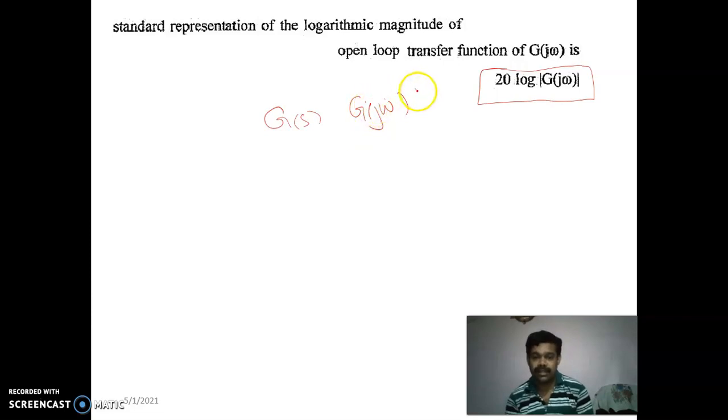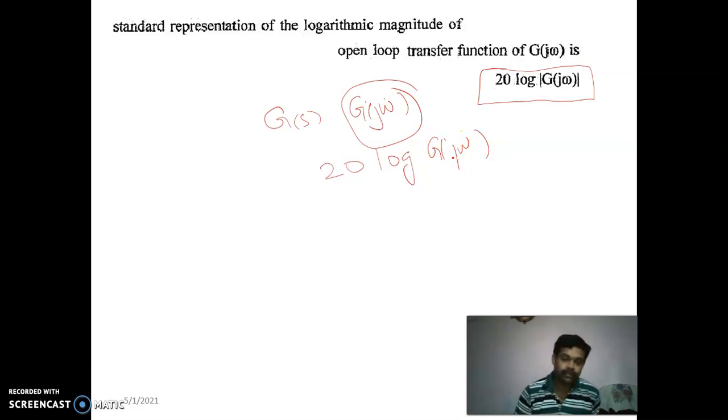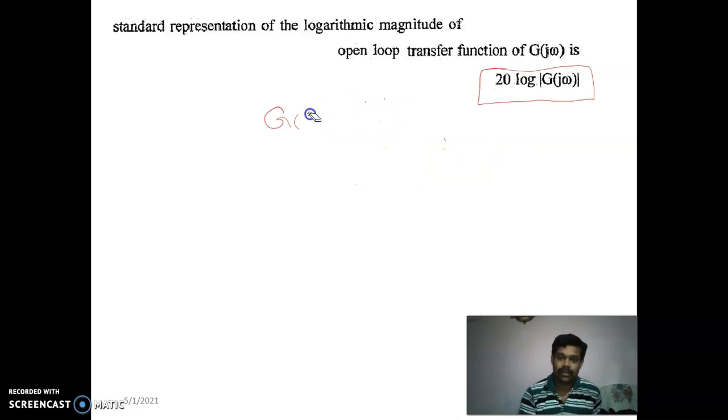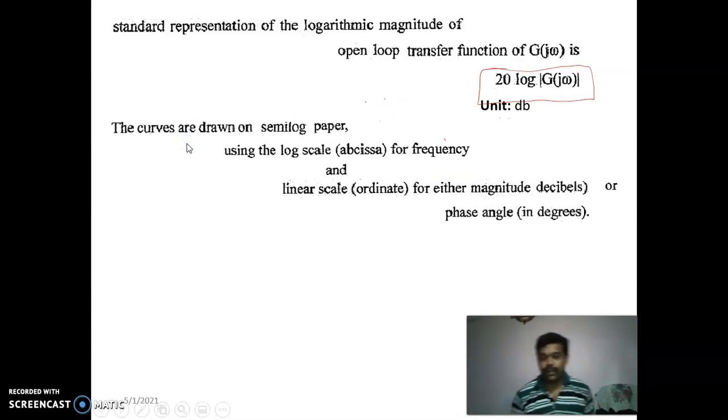So the standard representation of G(jω) is 20 log |G(jω)|. You should be careful: the unit of this magnitude is decibel.